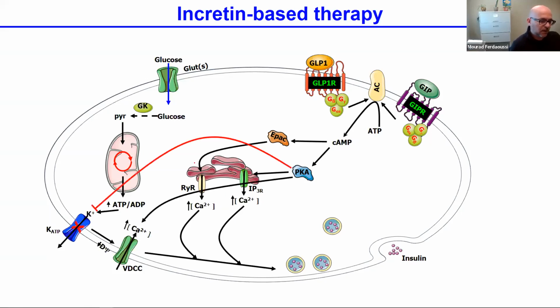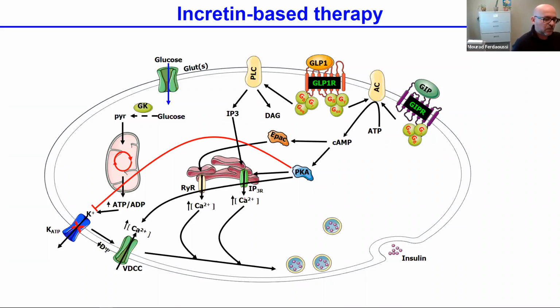The PKA can also act to close the KATP channel and open the voltage-dependent calcium channels, and altogether, these mechanisms increase the intracellular calcium level, which can explain this potentiation of insulin secretion by GLP-1 and the GIP. GLP-1 also has the particularity of being coupled to G-alpha Q, and this activation can activate PLC, phospholipase C, which can produce IP3 and DAG.